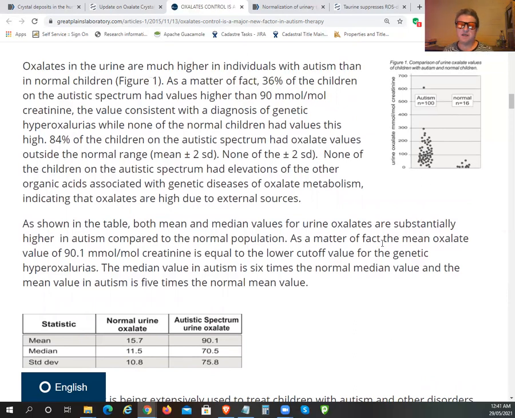Now, I'm not claiming here that oxalates are causing autism. No. But this is a strong association, which basically means that if you're on a species inappropriate diet, which a lot of people are nowadays, they're consuming far higher amounts of carbohydrates, far less animal products, and the autism rates are much higher than what they were in the past when people ate more animal foods.